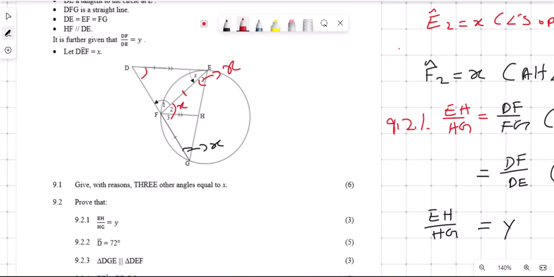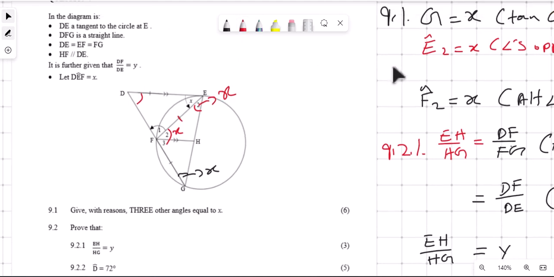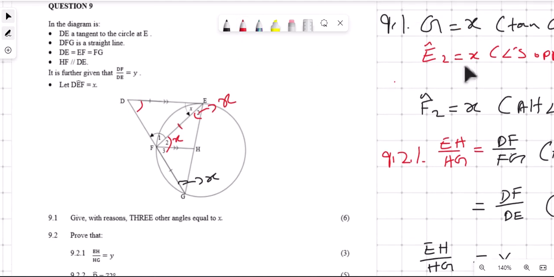Looking at this one, let's see here, we have parallel lines. And then DE is equal to EF. Do you see that?